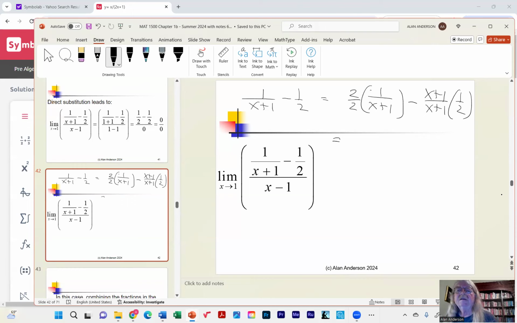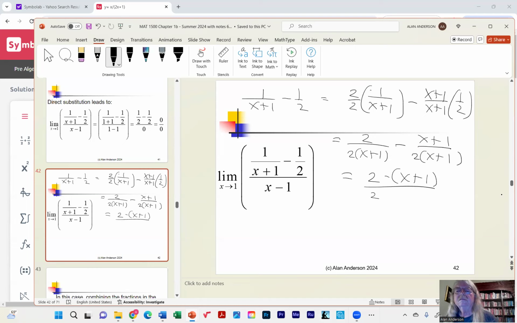So what do we have? Okay, so I've consolidated the two, and I end up ultimately with 1 minus x over 2x plus 1.